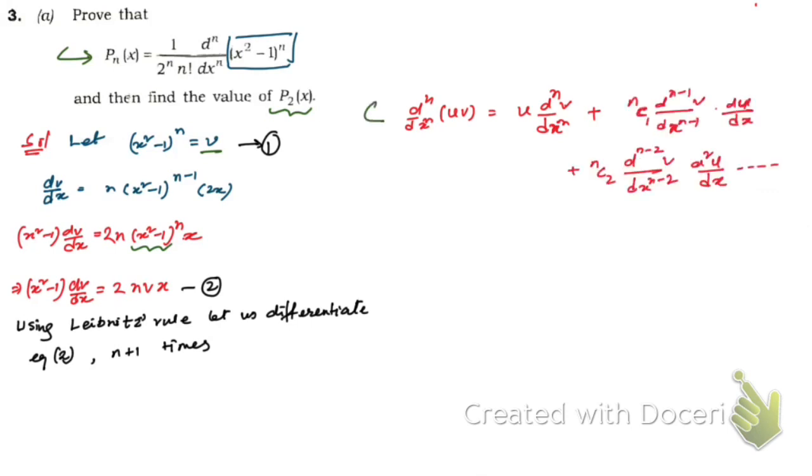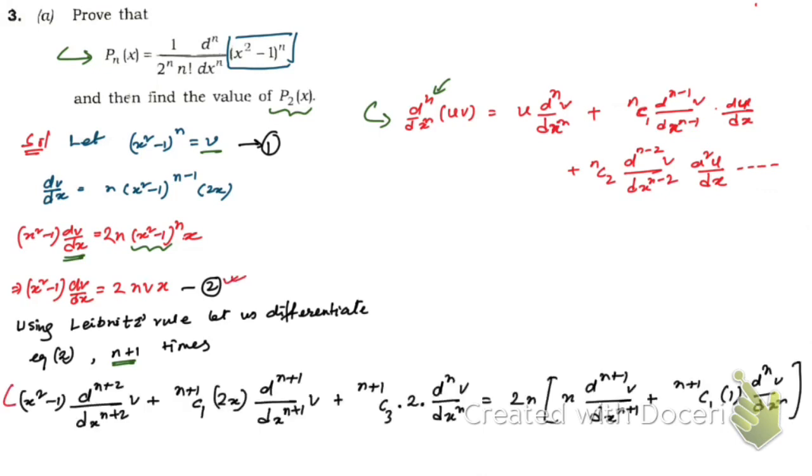So here is the Leibniz rule that we are going to apply. As we are going to differentiate it n plus 1 times, instead of n there will be n plus 1, and there is already one more differential coefficient, so it will be n plus 2, right? So, applying Leibniz's theorem, we have got this.